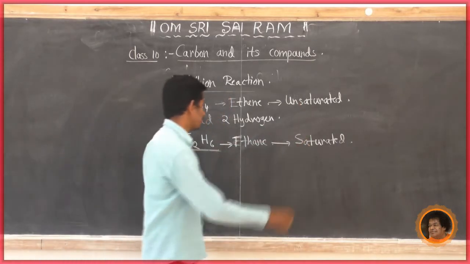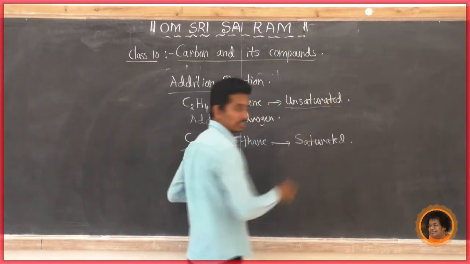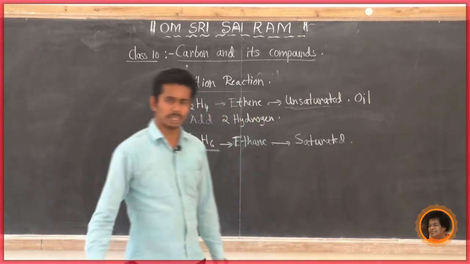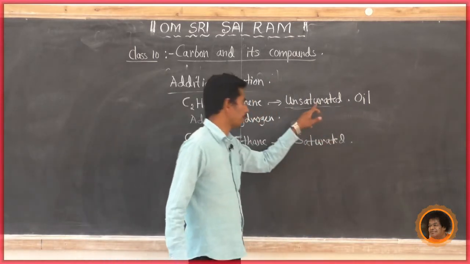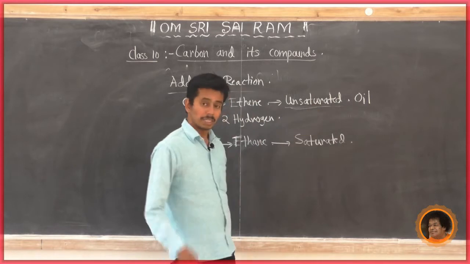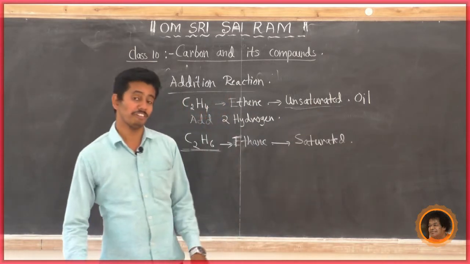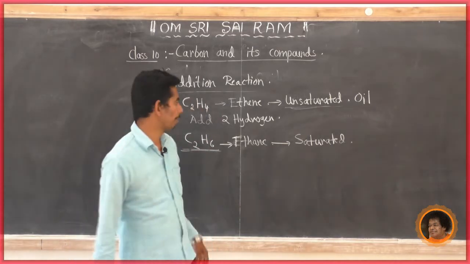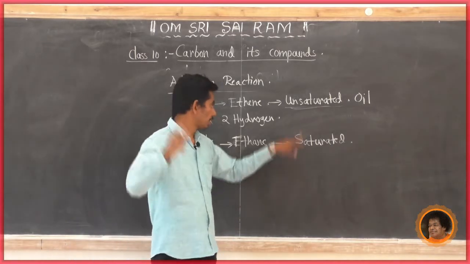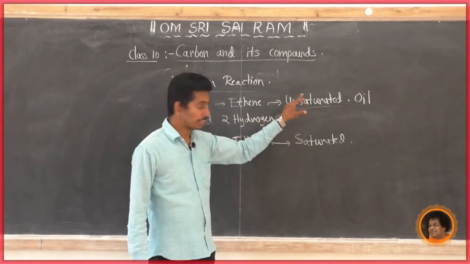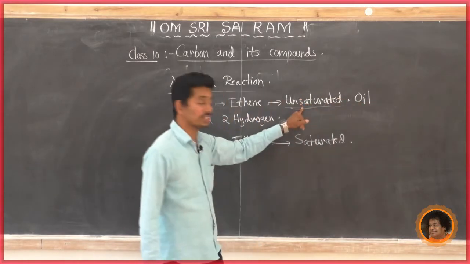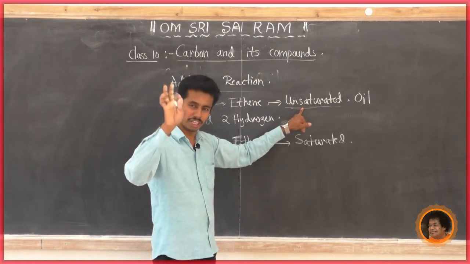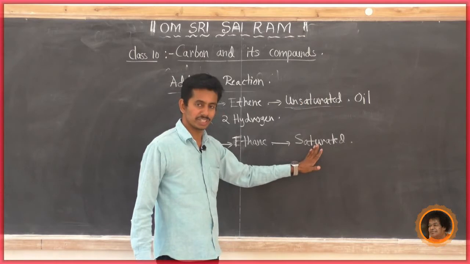Because vegetable oil is an example for unsaturated hydrocarbon, but the shelf life of that oil is very less compared to saturated.